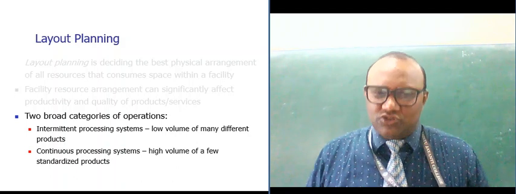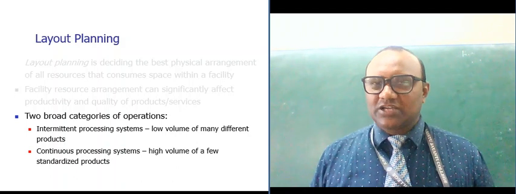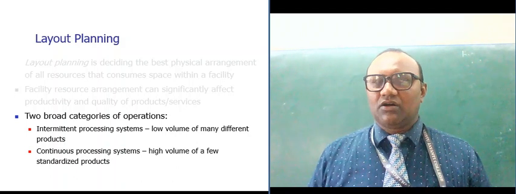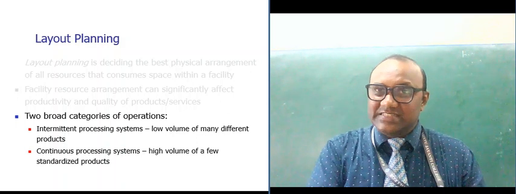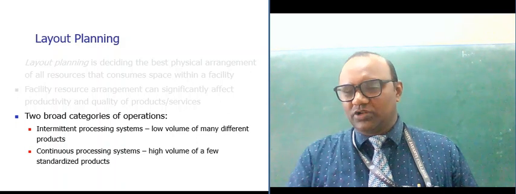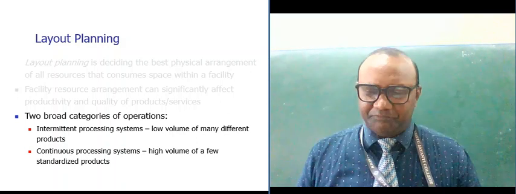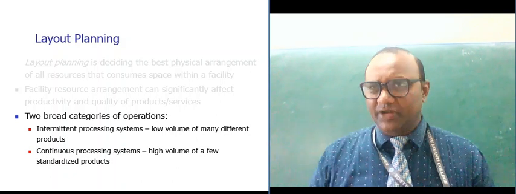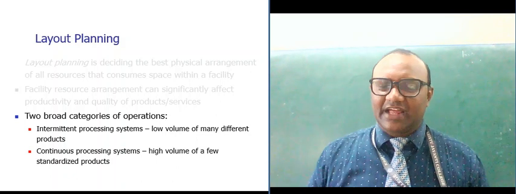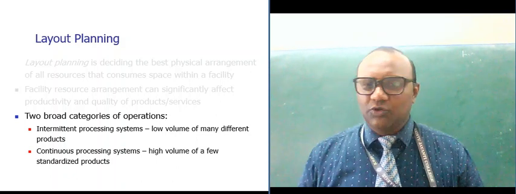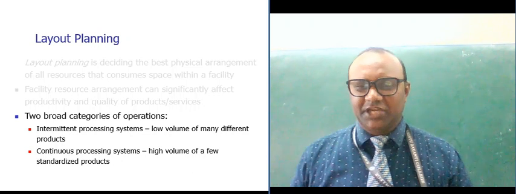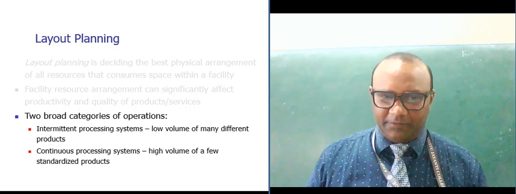Intermittent processing is mostly for batch-wise production or low volume quantity of goods where the design and the variety changes, which means for every good that you're manufacturing, you need to slightly change the setup. You need to slightly bring in different kinds of machinery. You need to alter the workstation. You need to alter or make some changes in the layout.